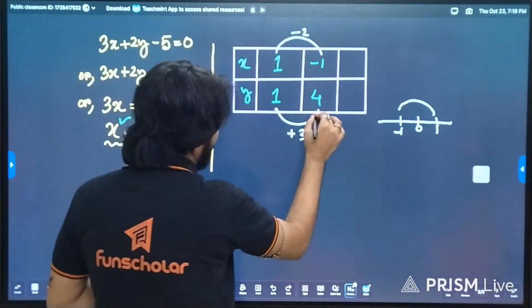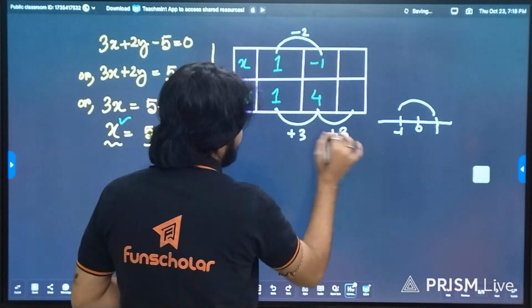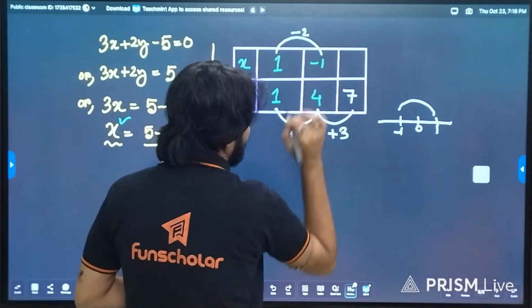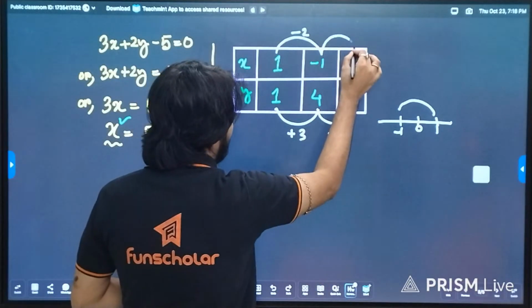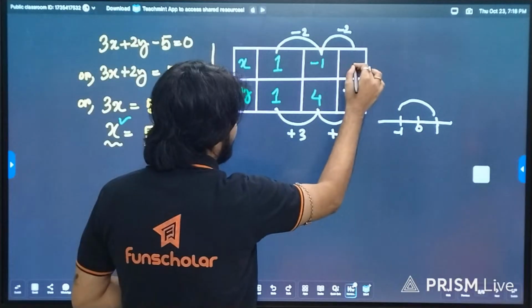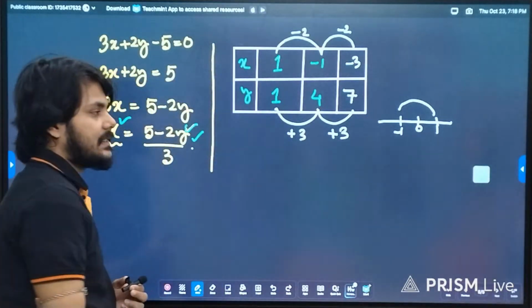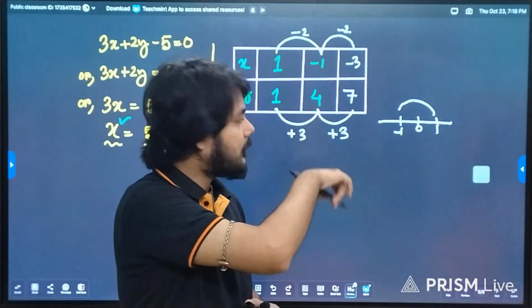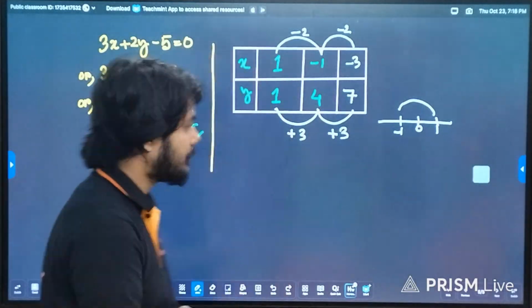If we move another 3 steps ahead, we will get 7. And if we further move 2 steps left of this number line, then we will get minus 3. This is our finding, but as I told you, always cross check your findings with the workings.